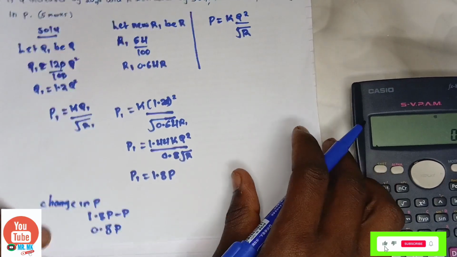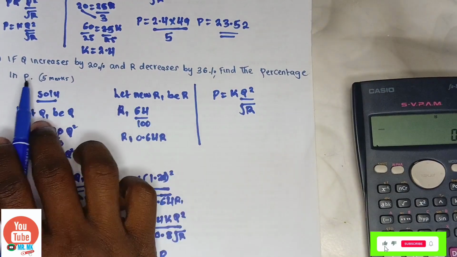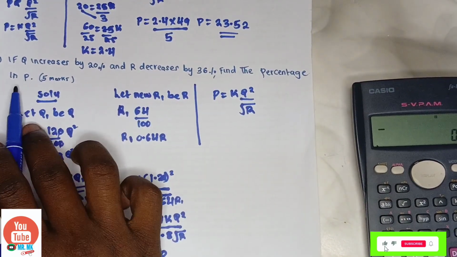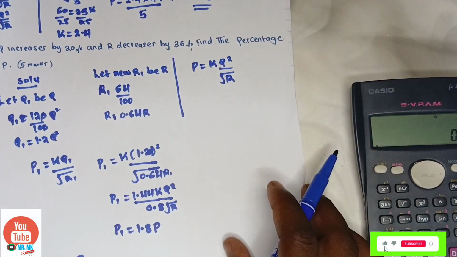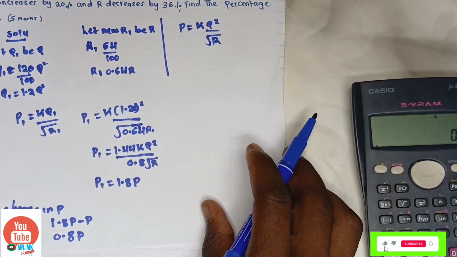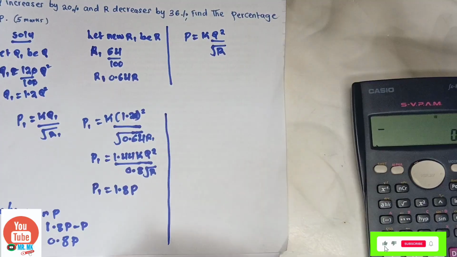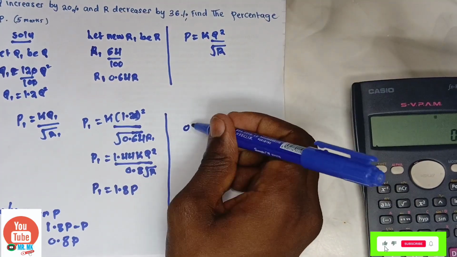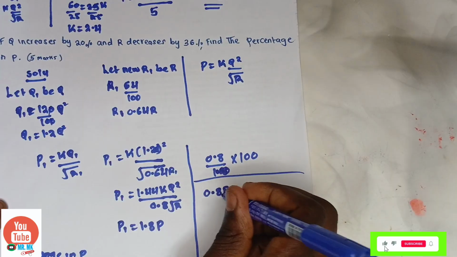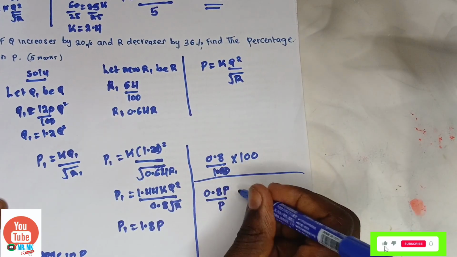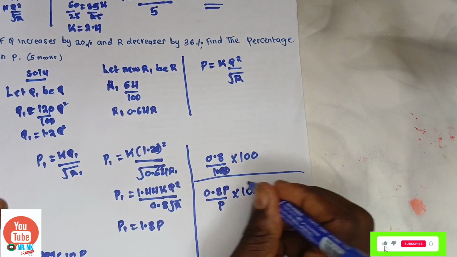But the question says find the percentage in P. How do you get the percentage in P now? The percentage in P, we just say 0.8 P over the original P multiplied by 100%.